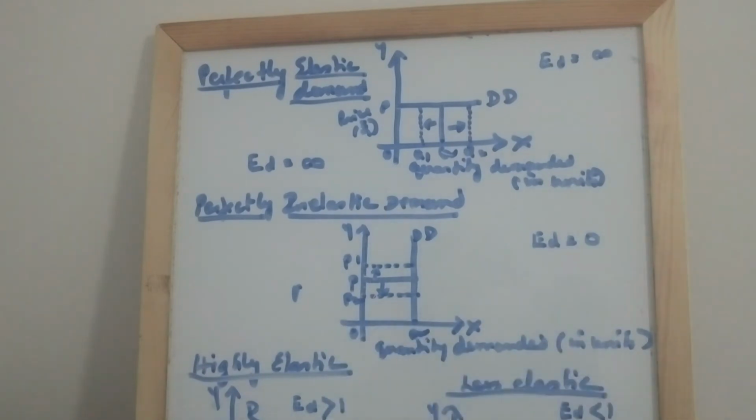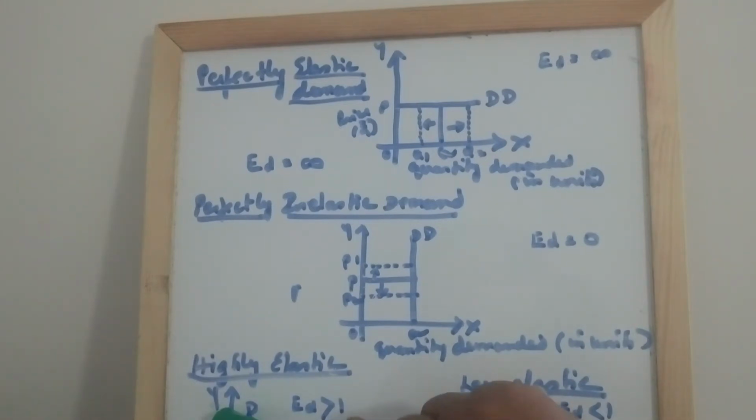The next one, highly elastic. When the percentage change in quantity demanded is more than the percentage change in price, then demand for such a commodity is said to be highly elastic. So here elasticity of demand is greater than 1. In this diagram, OQ is the quantity demanded at the price OP.